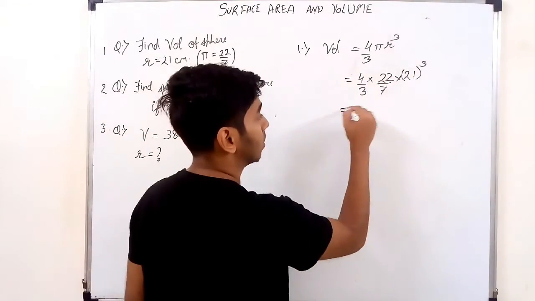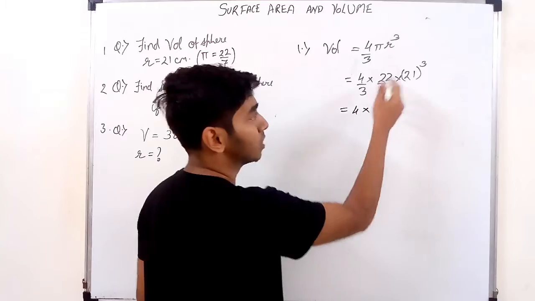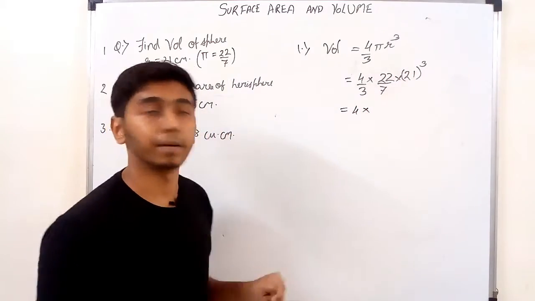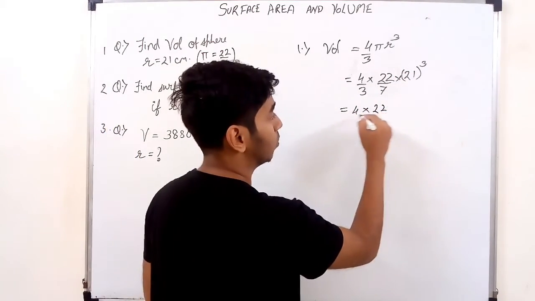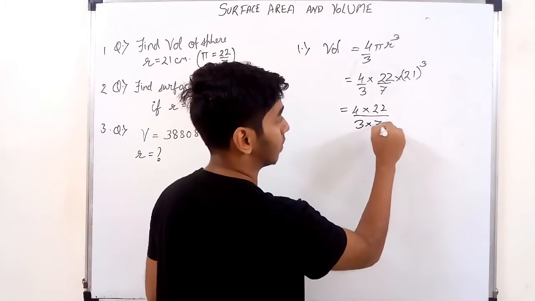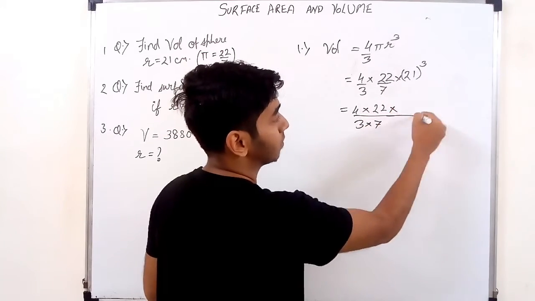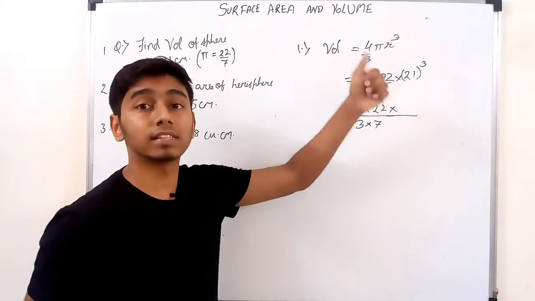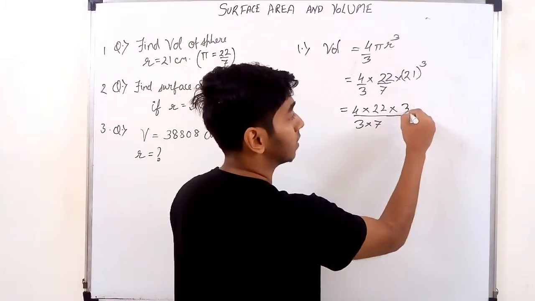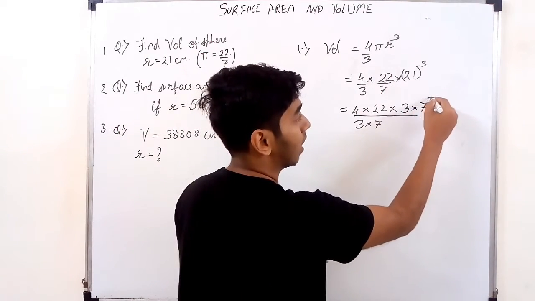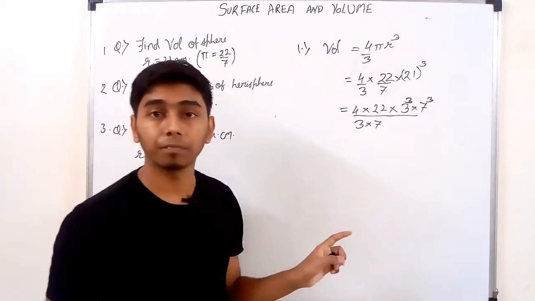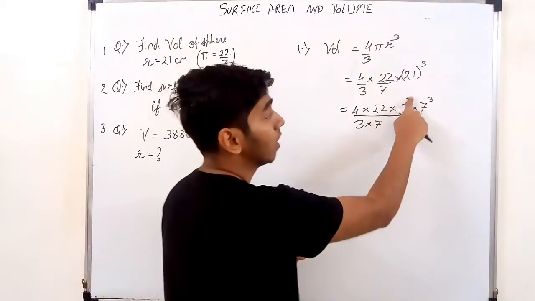Now this will be 4. So simply multiply and divide. So 22 upon 3 into 7, and 21 can be written as 3 into 7, so it will be the cube of each of them. Why?